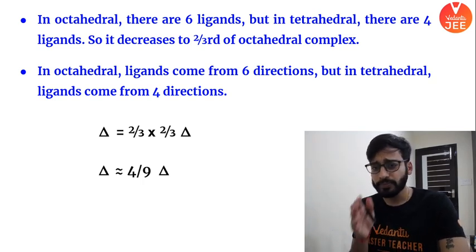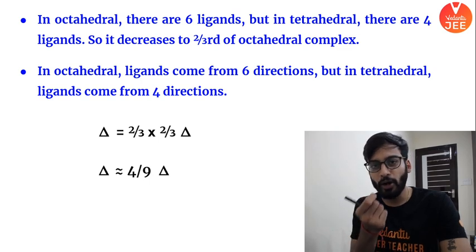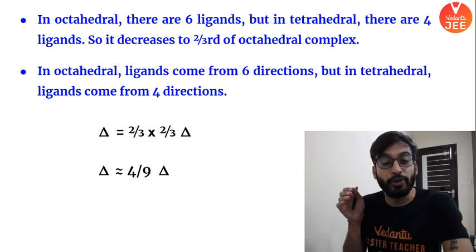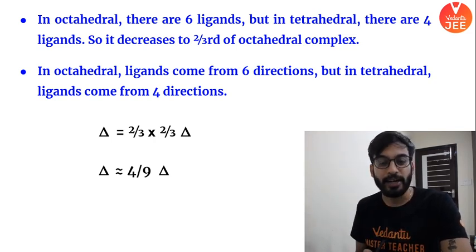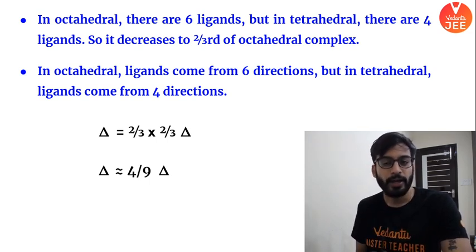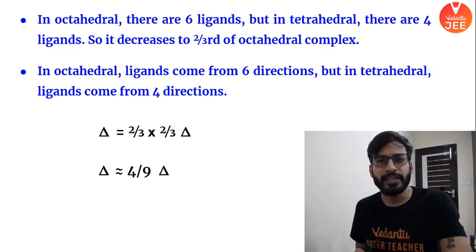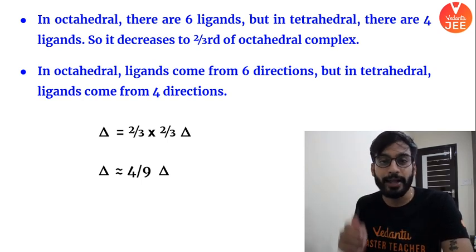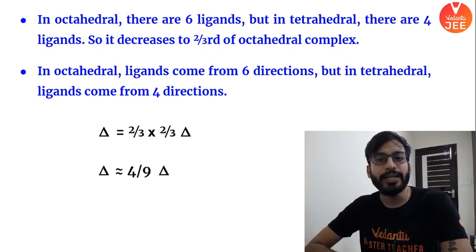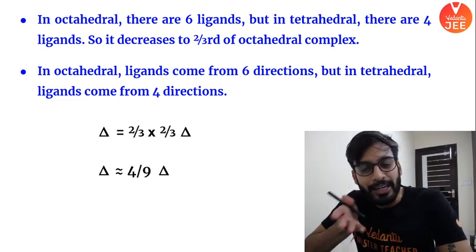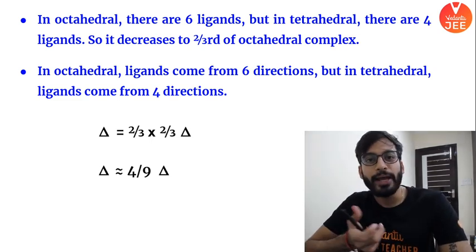Second point: in an octahedral complex, 6 ligands come from 6 directions, along the axis, so splitting was very efficient. In a tetrahedral complex, ligands are not coming along the axis. They come in between the axes, not pointing directly at the metal ion. So the repulsion caused by them is less.